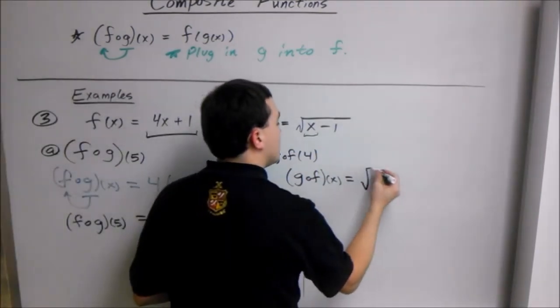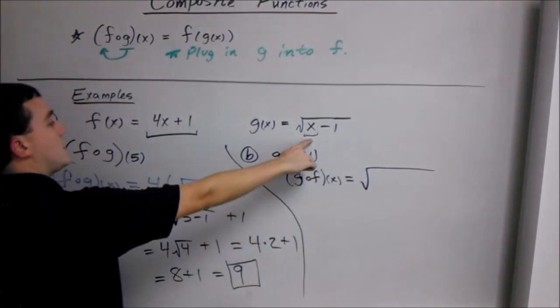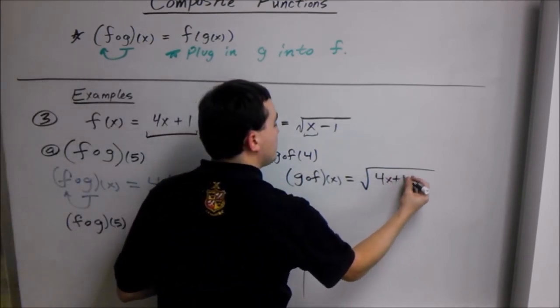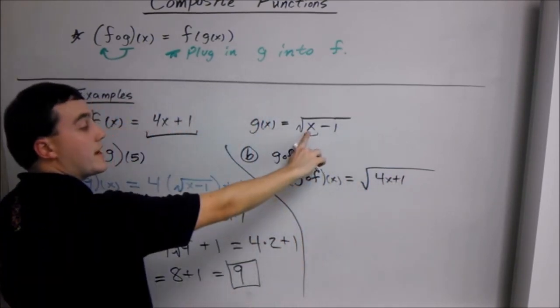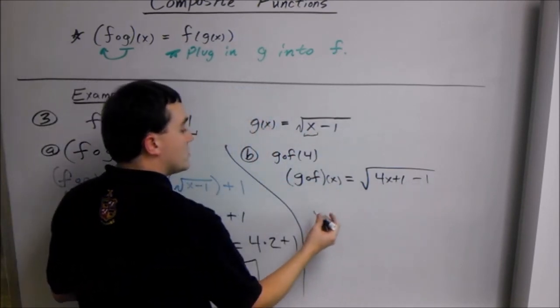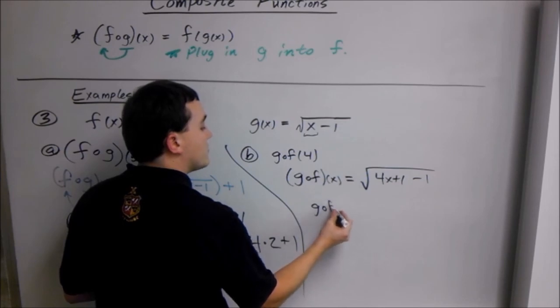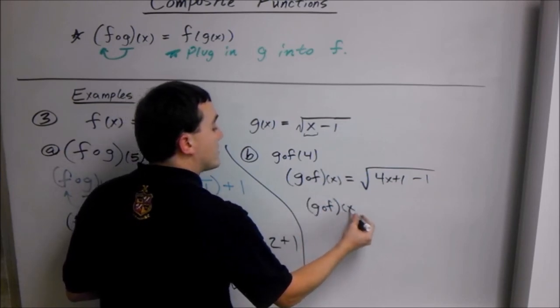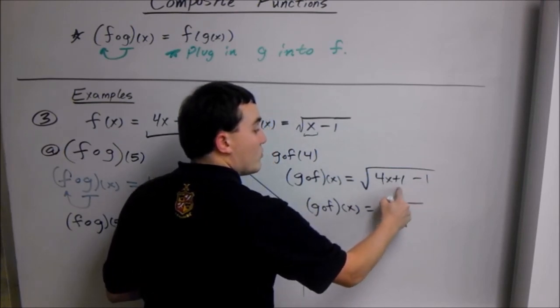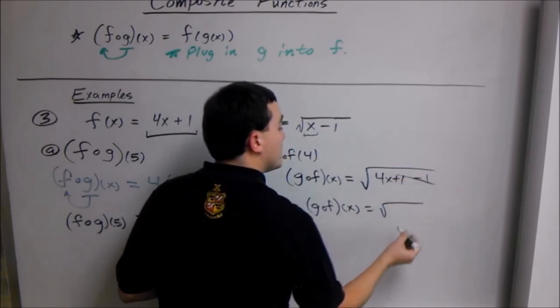The square root stays the same. The x becomes 4x plus 1. Now remember, if there's a number in front of the x, you're going to have to distribute it. Minus 1. So g of f of x, then you simplify what you can, is just the square root of, the 1's cancel, 1 minus 1 is 0, 4x.